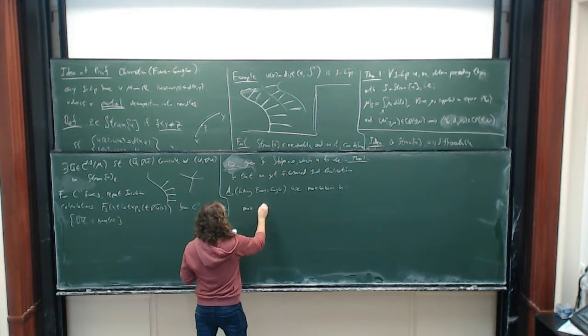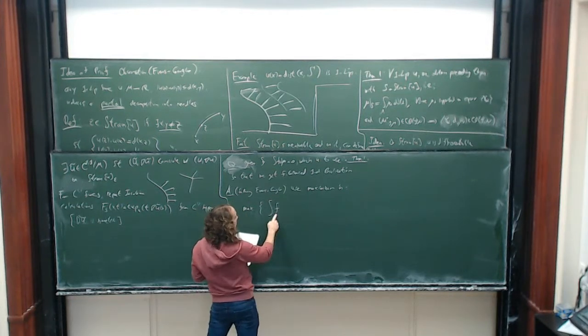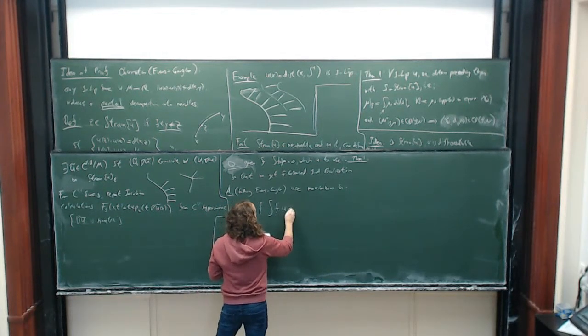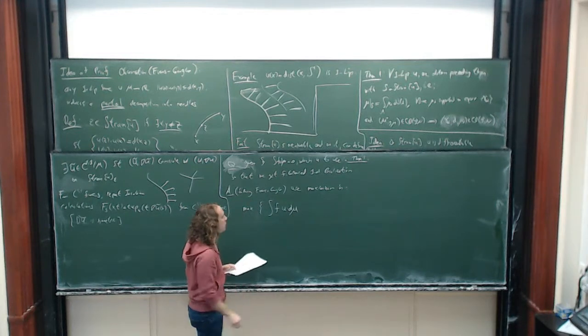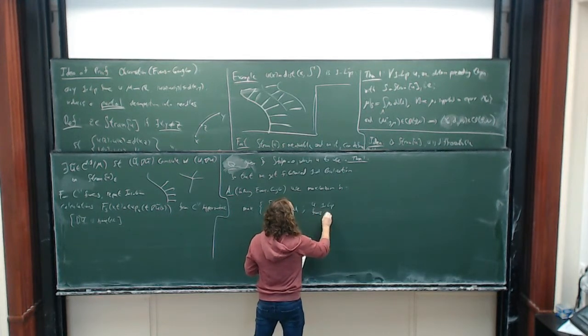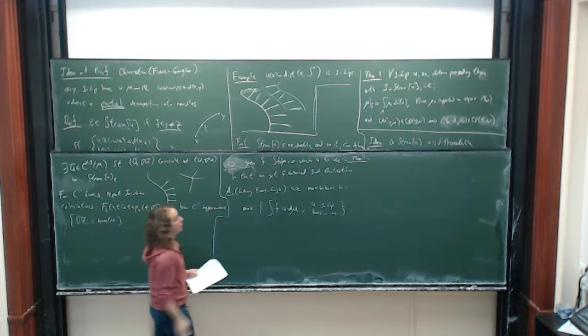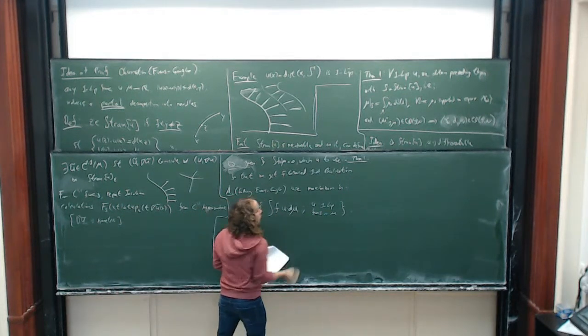So f is given, right? Maximize over the integral of f times u d mu over the set of all 1-Lipschitz functions u. So you're given f, you're trying to maximize over these Lipschitz functions.